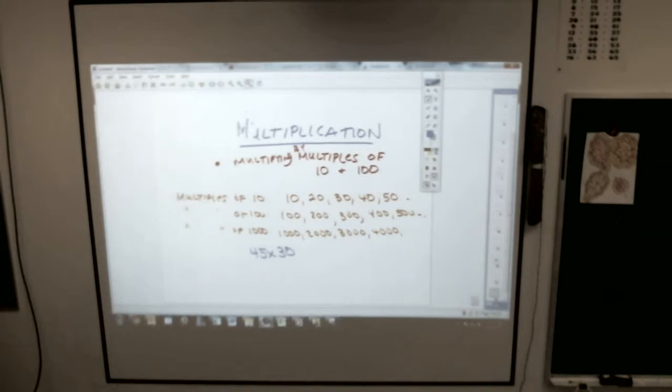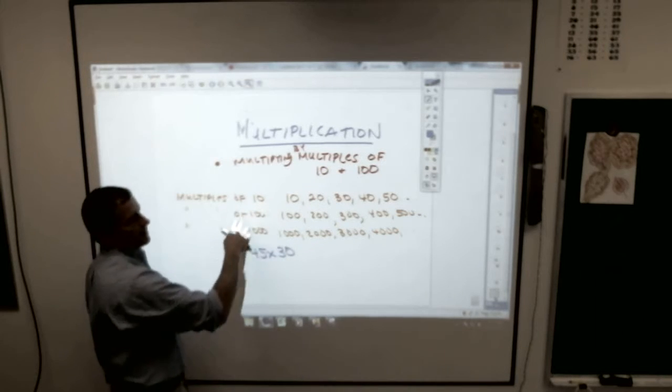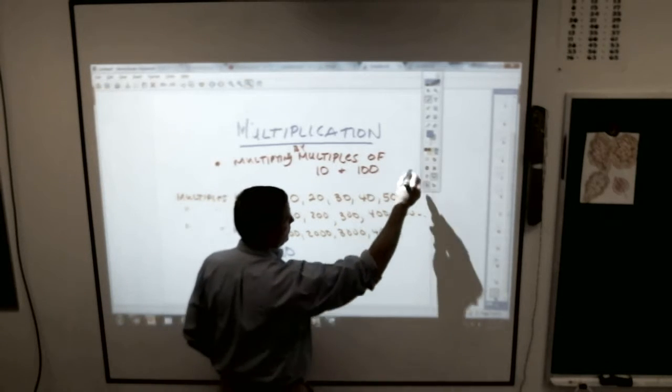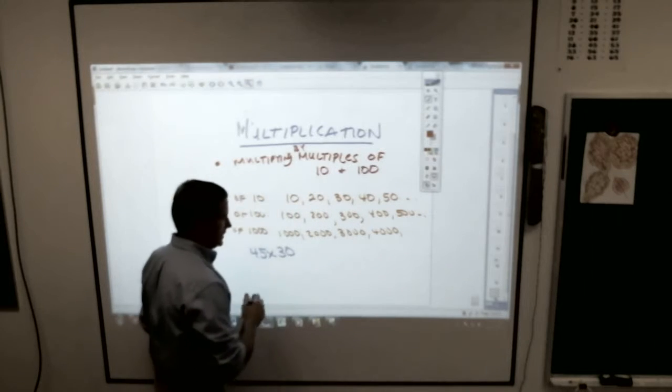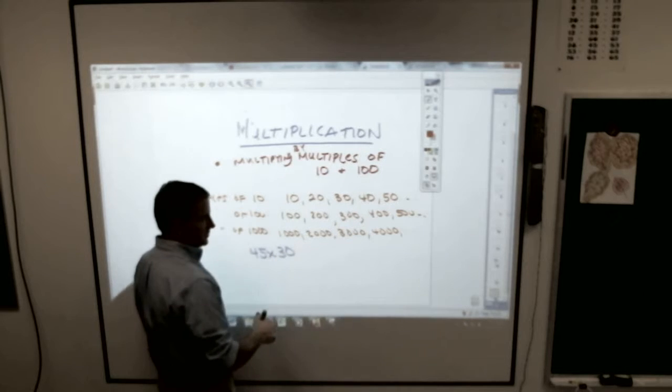I don't believe we've done double-digit multiplication yet, and we don't need to just yet. We'll get to that. Because 30 is a multiple of 10, the helpful advice that the book gives us is that it's just the same as multiplying by 3, except you have that extra 0 there.